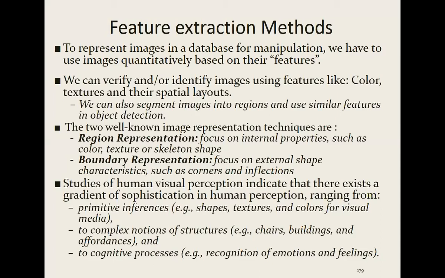But nowadays, research is going on towards how we can also use the cognitive process. How can we make our systems understand emotion, understand feelings, understand others, and so on?